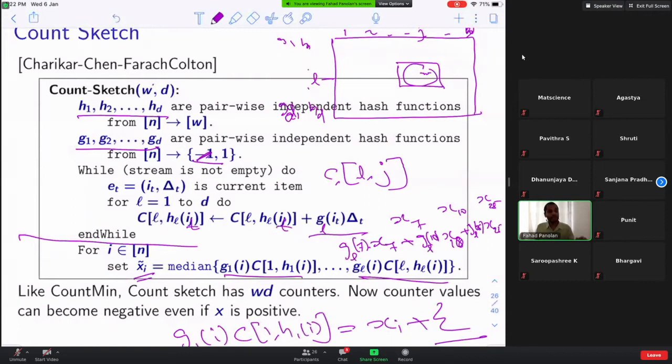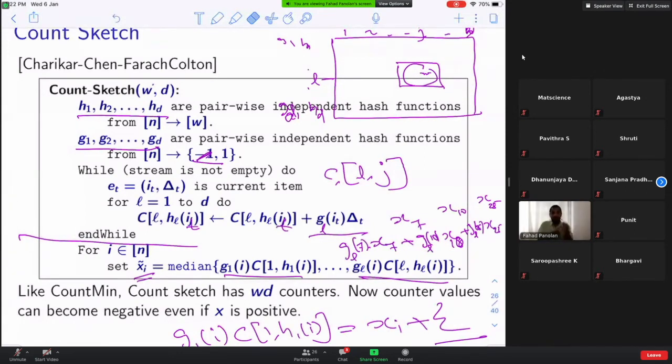It could be the case that g_1 of i is equal to negative, and if you don't multiply by g_1 of i with that counter value, then you may be getting minus x_i plus something. So to have a correct estimate for x_i, if g_1 of i is -1, you multiply with -1, and then this will become positive. Is that clear? Why we are multiplying with g_1 of i?